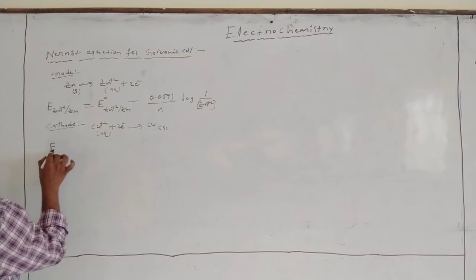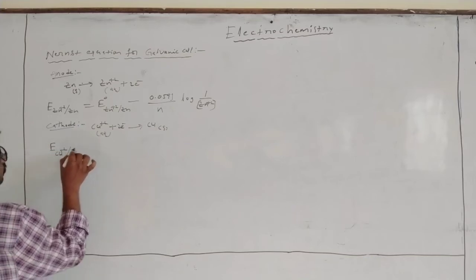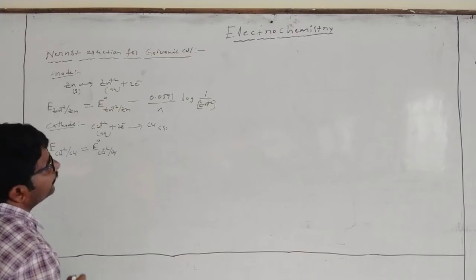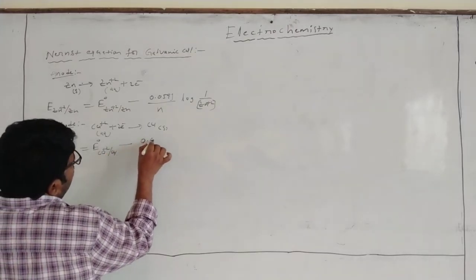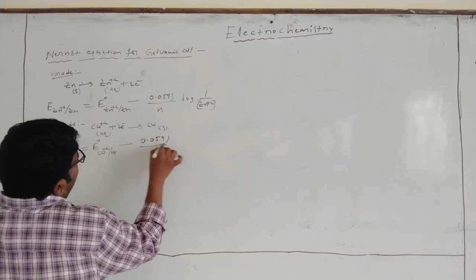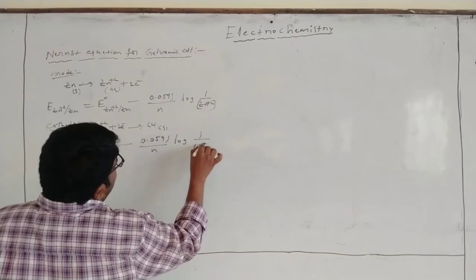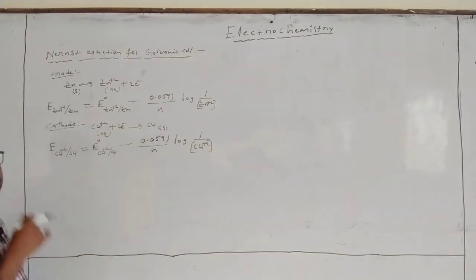For this one, E of the couple Cu plus 2 by Cu is equal to E naught Cu plus 2 by Cu minus 0.0591 by n log 1 by Cu plus 2 ion concentration.